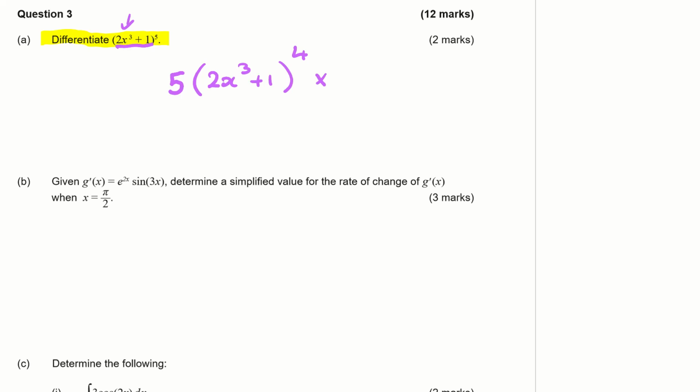For this next one, it's a horrible looking fraction. Let's think about differentiating the bottom. If I differentiate the bottom, I get 6x plus 2, which is twice 3x plus 1.